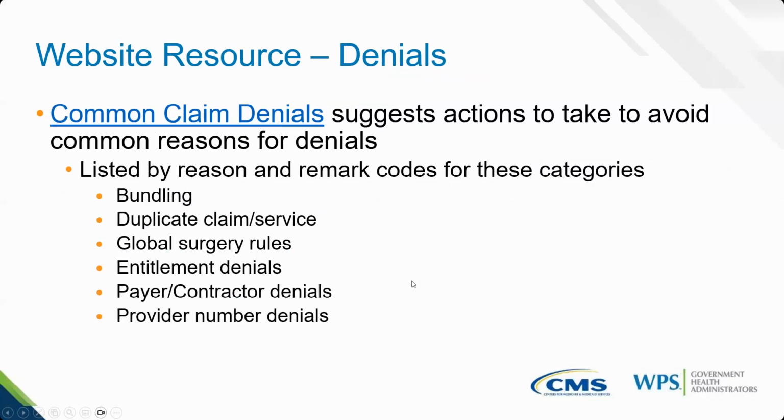This is our resource on our website that lists various categories of denials. I mentioned to you earlier, I was going to show you, here's where you can find those reason and remark codes that are denials for duplicate claims. We've categorized our denials out on this resource: bundling, entitlement, global surgery, so on and so forth. So for each of these categories, you'll find reason and remark codes.